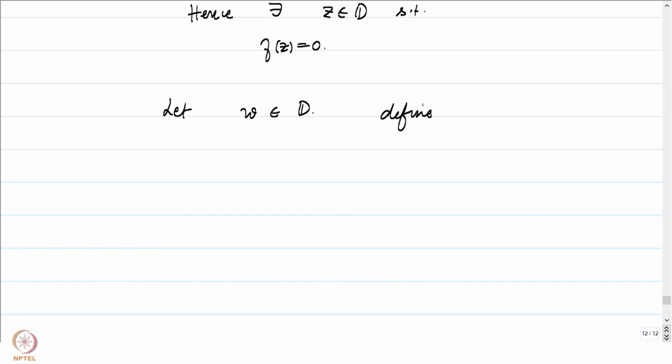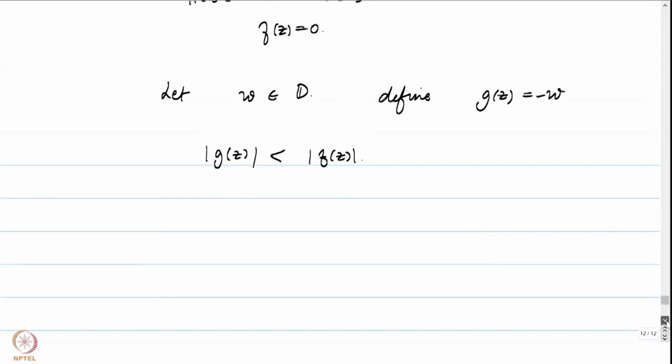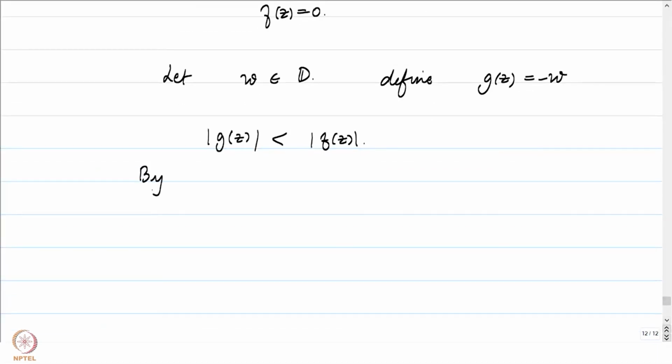Define g of z to be equal to minus w, the constant function on omega, right. In particular, what do we know? We know that absolute value of g of z, which is equal to w, which is strictly less than 1, is less than the absolute value of f of z. We also know that f does not vanish on the unit circle. Now, by Rouche's theorem, maybe I should put a minus w, that is much better.